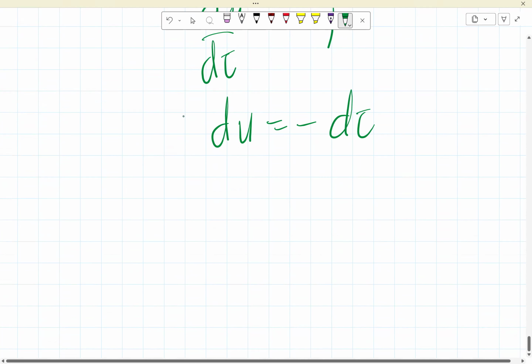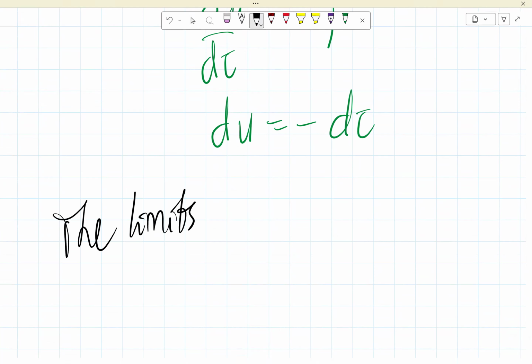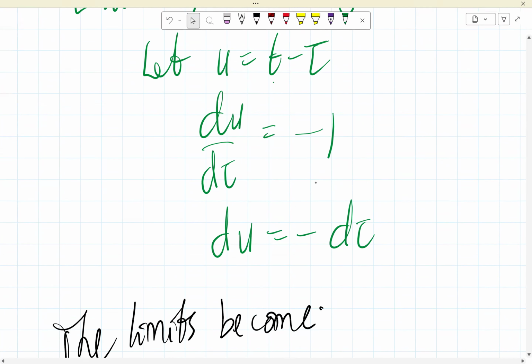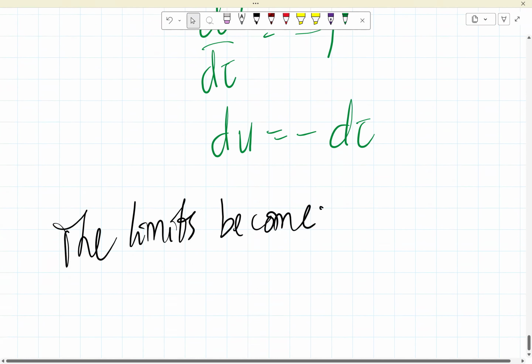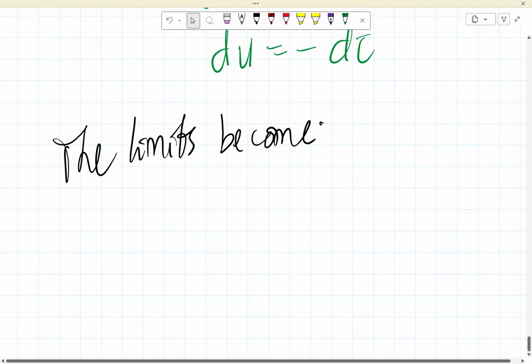So the limits become, look at the limits we are dealing with now. 0 to t, but now we are moving into the u domain.